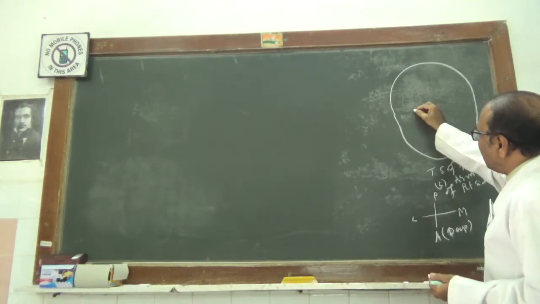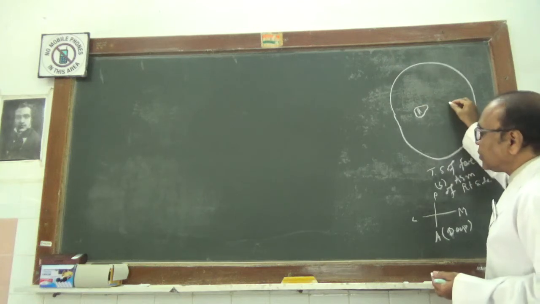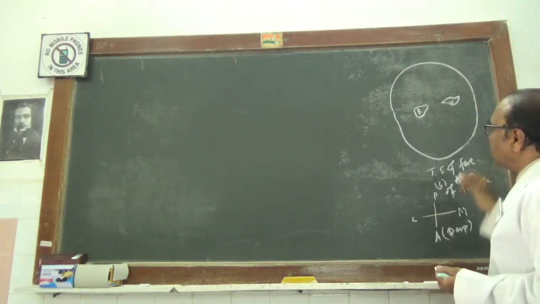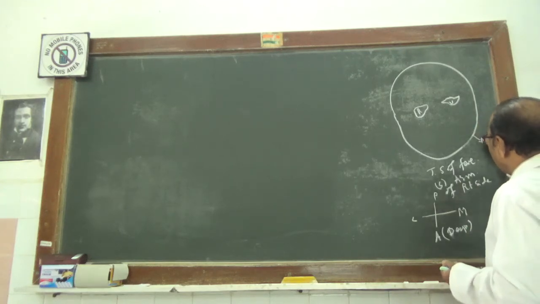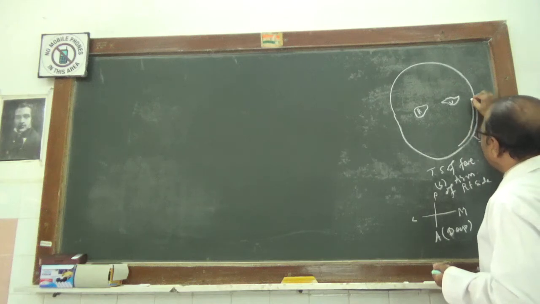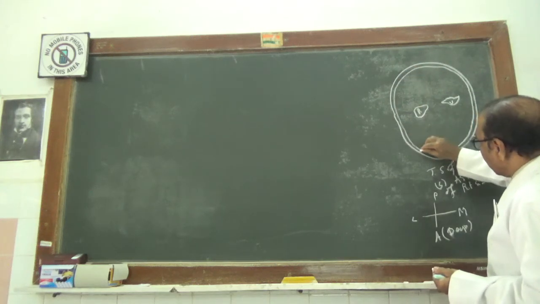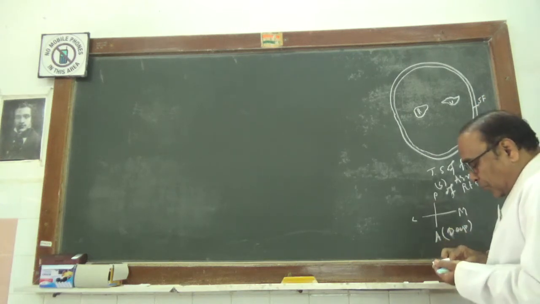So this will be the radius. This will be the ulna. This is the skin. This will be the superficial fascia of the forearm.